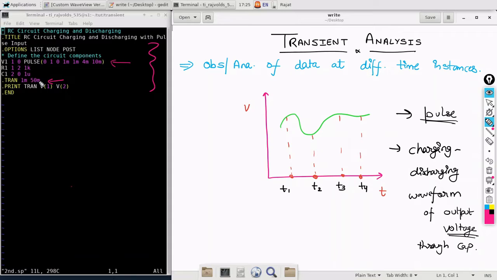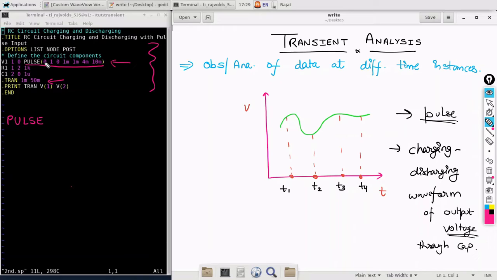First of all, let us understand what this part of the statement means, that is pulse followed by these specifications. Whenever we write pulse in the code, HSPICE understands that we are going to apply a pulse in the circuit, and I am going to explain the specifications written in this bracket one by one.